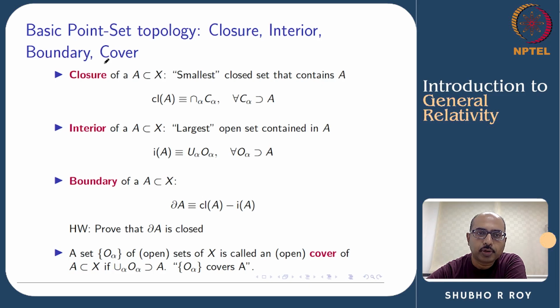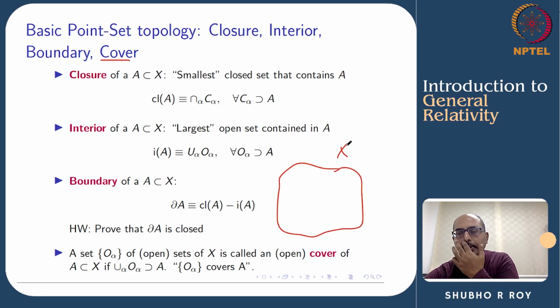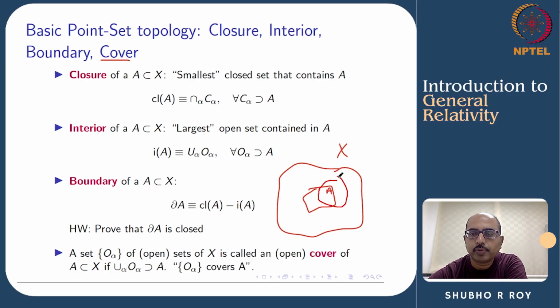And now for the important concept of a cover. Now the idea is, again, let me draw a diagram. That's very important. Let's say you have some set A, and the cover of the set A is a collection of open sets whose union contains A. So you have a collection of open sets, O sub alpha, where alpha is an index which numbers those open sets.